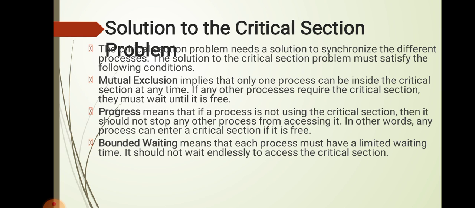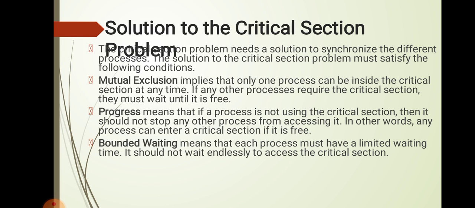There are three requirements for this solution. The first one is mutual exclusion. What is mutual exclusion? Only one process can be inside the critical section at any time. If any other process requires the critical section, it must wait until it is free.